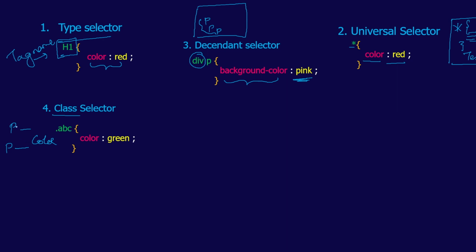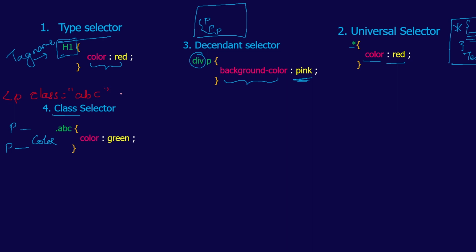Now, what do you mean by class? Whenever you are writing your HTML tag, inside the paragraph tag, all you need to do is write class equals, and give the name of that particular class.